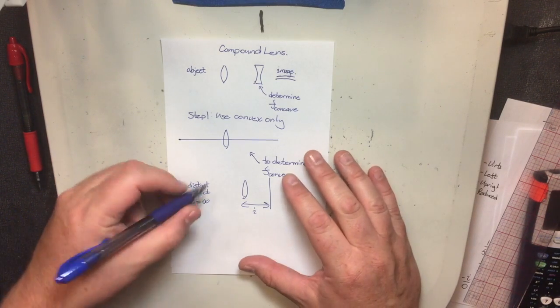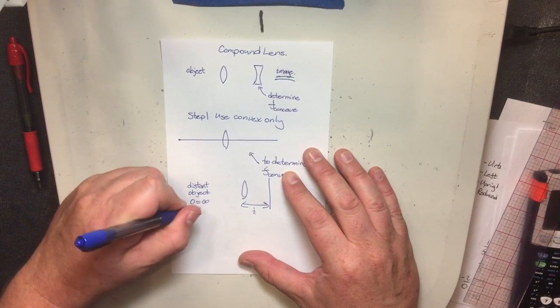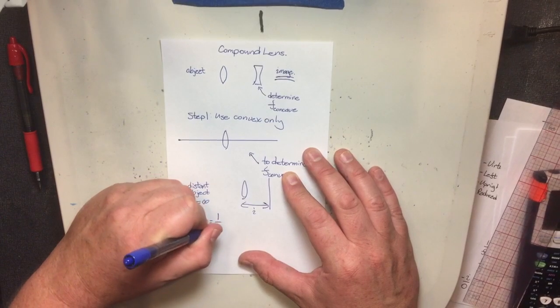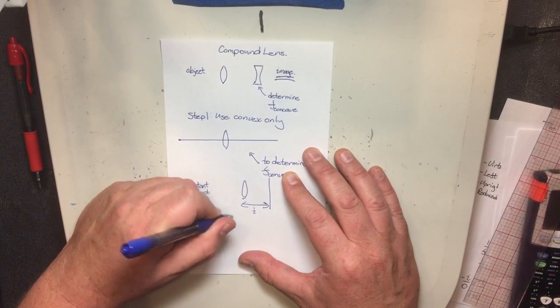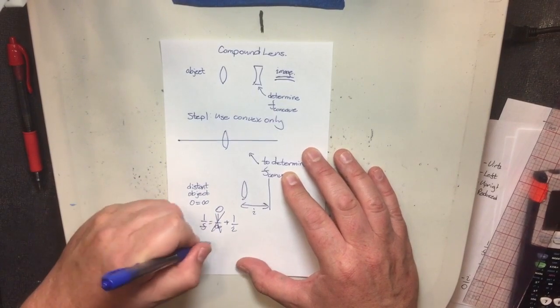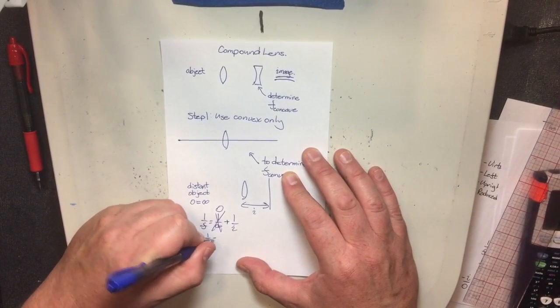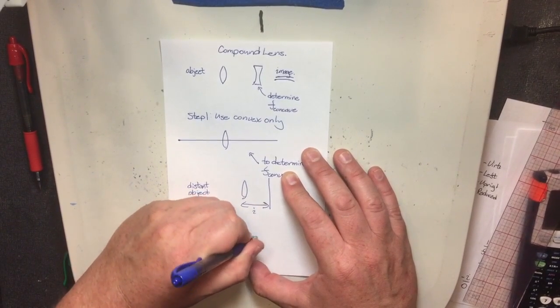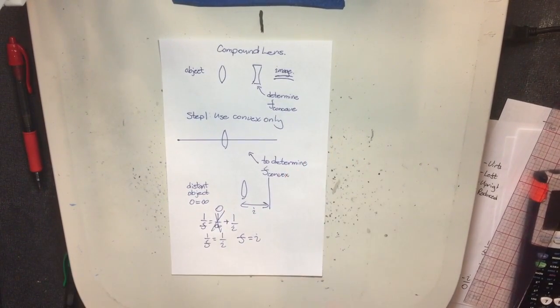When you use this, object distance is infinity, so 1 over f is equal to 1 over infinity plus 1 over i. That becomes 0, so 1 over f is equal to 1 over i. So the focal length of the lens is the image distance.